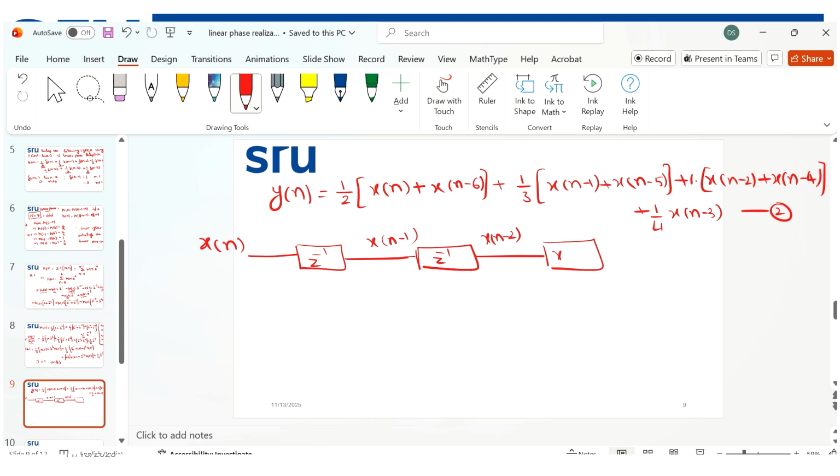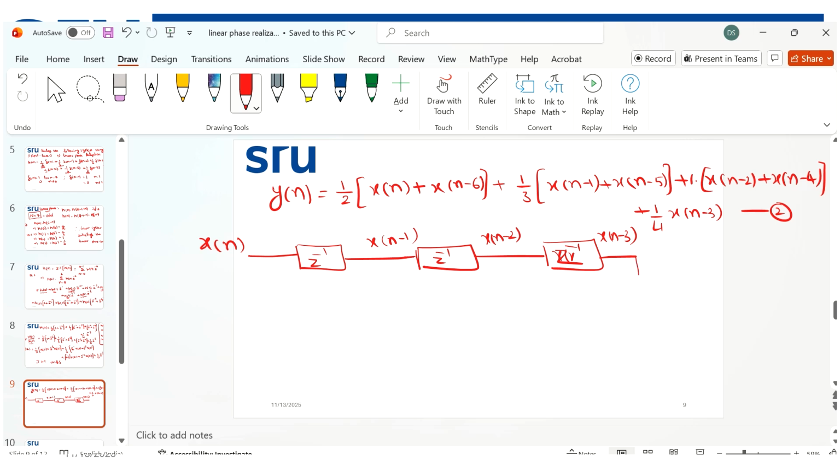Then we have x of n minus 3, that is z power minus 1. So totally we have the n value that is 6. 6 I am dividing as first 3, next 3. So for the first part I have generated up to n minus 3.